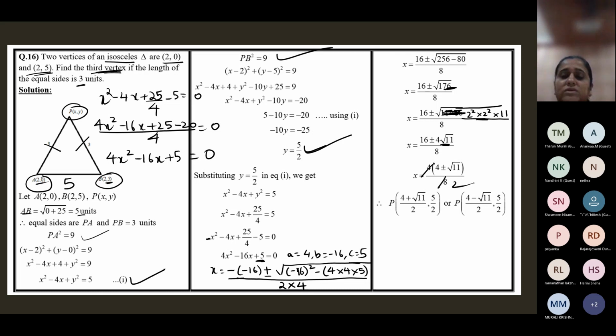Cancel. 4 ones are 4, 4 twos are 8. So 4 plus or minus root 11 by 2. So 4 plus root 11 by 2 is the x coordinate, followed by the y coordinate 5 by 2, or 4 minus root 11 by 2 as the x coordinate, followed by the y coordinate 5 by 2. So P can take any one of these two addresses.